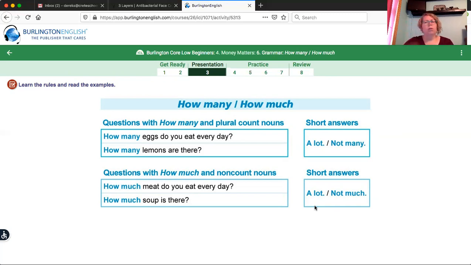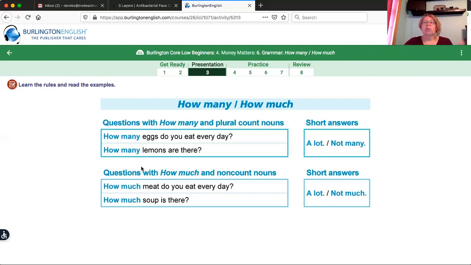Or poco, not much. Notice again, the word here is the same. You are matching the word. How much? Tiene mismo palabra en tu respuesta. Much. How much meat do you eat every day? A lot. Or not much.